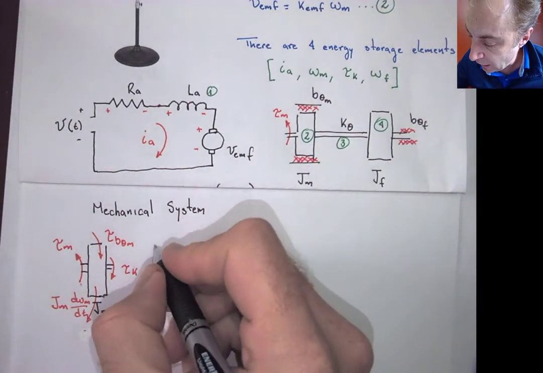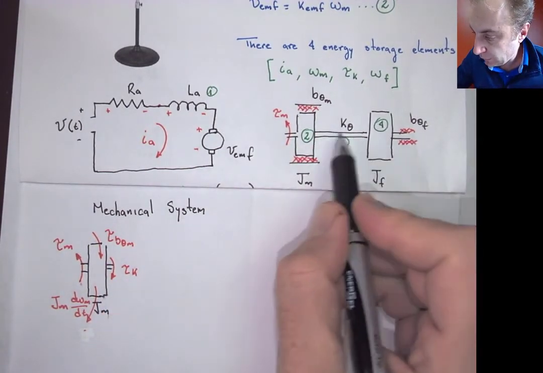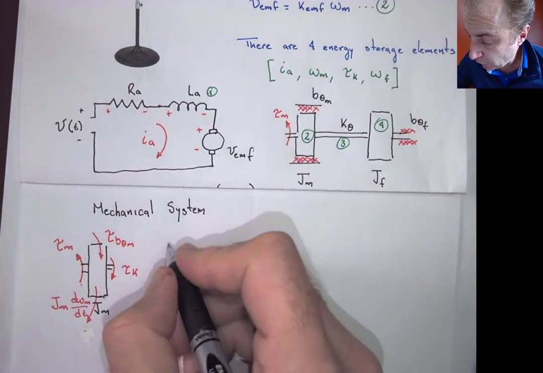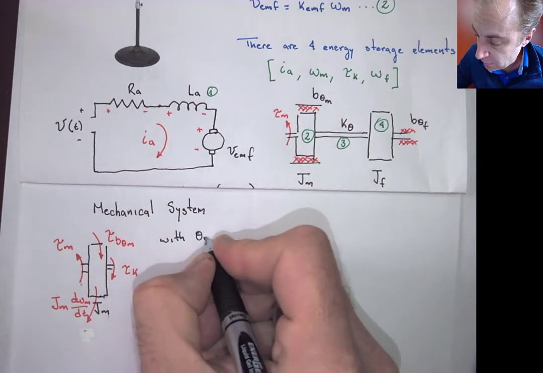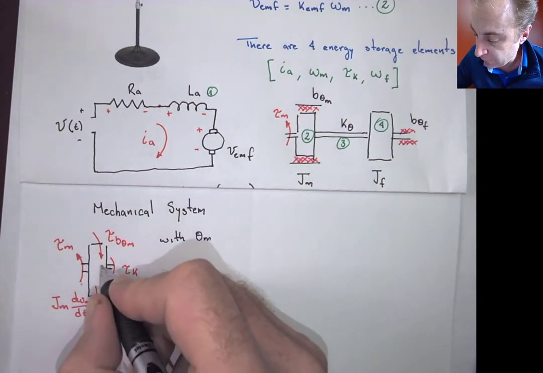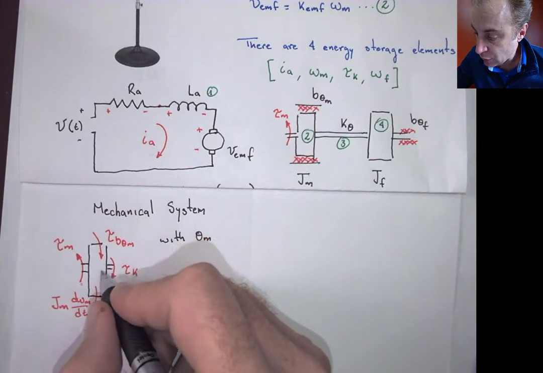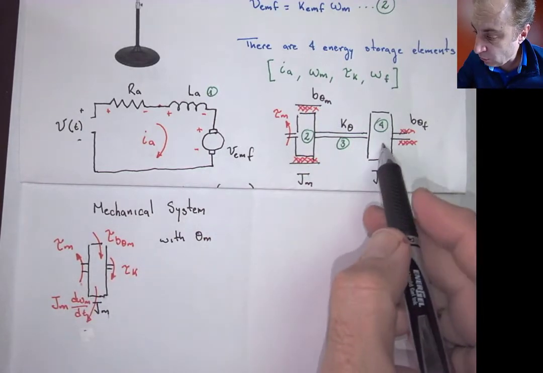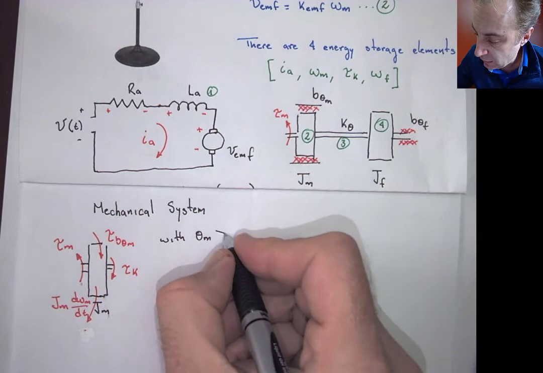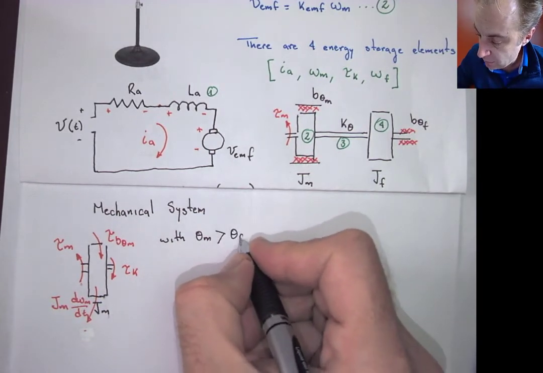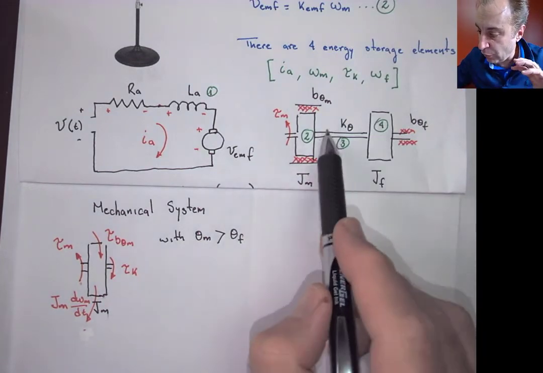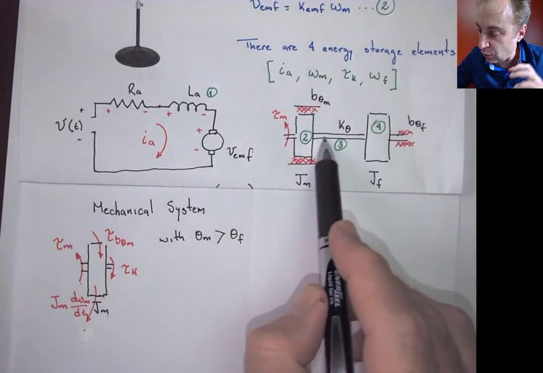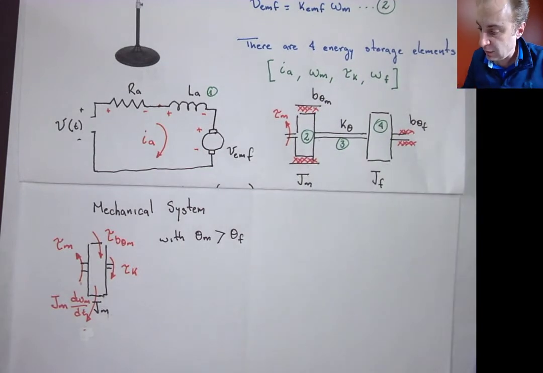That means that through the rotational spring or flexible shaft, theta m, the rotation that we're going to have in this inertial element, is going to be greater than the theta from the blades. And this is because the other rotation is going to be the torsion along the flexible shaft.